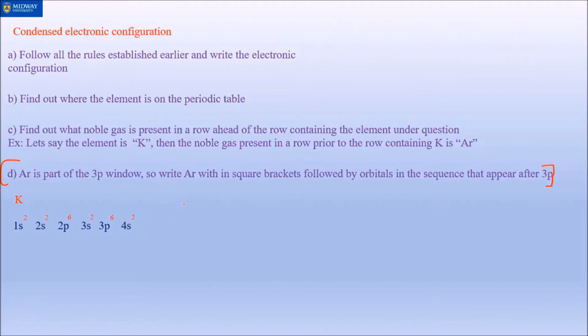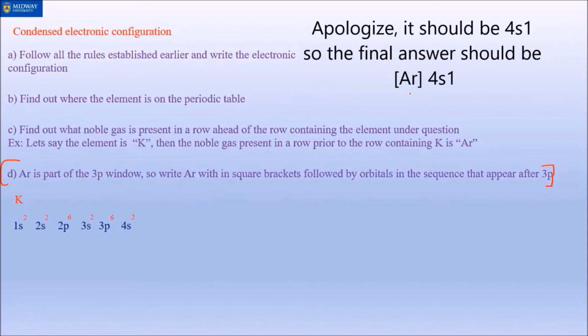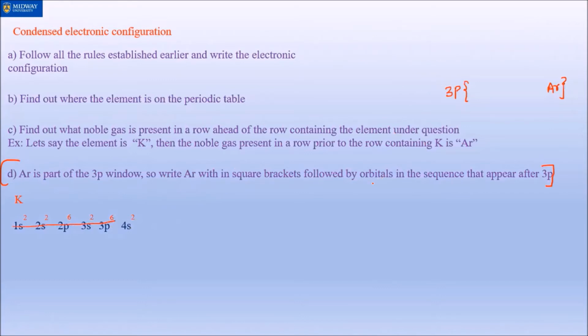So argon, if you go back to that flow chart, the map I gave you, argon is part of the 3p window. If you see, I put it this way, argon is at the very end. Now, that means you can strike off everything that is up to 3p. We don't need that. And that's what I mean by argon is part of the 3p window. So write Ar within square brackets followed by orbitals in the sequence that appear after 3p.